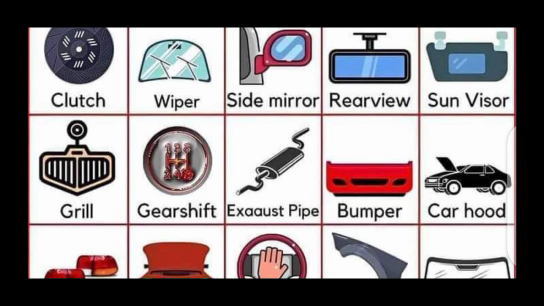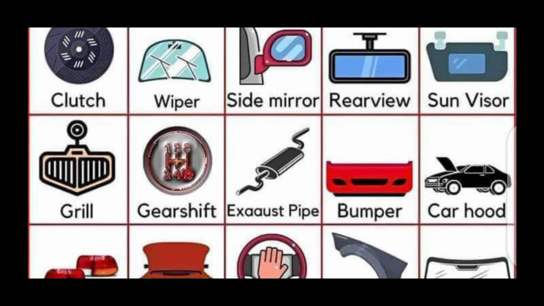The next one is gear shift, a particular monogram or logo which is available on the gear lever. The next one is exhaust pipe, which is the term in British and American English, but in Pakistani or Indian English, we use silencer.